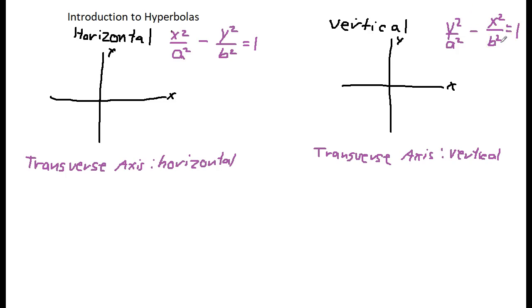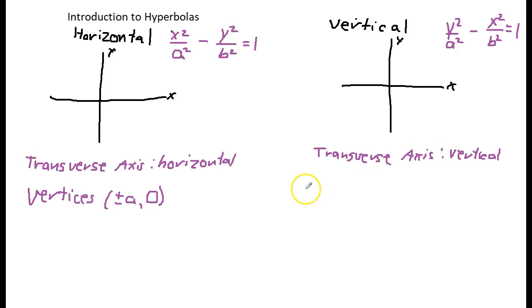So, my vertices for the horizontal are at the coordinates plus or minus a, comma, 0.